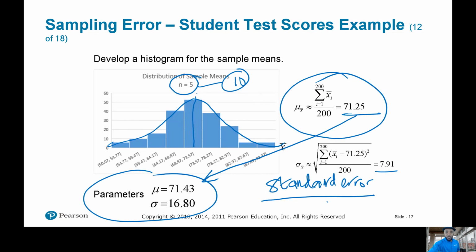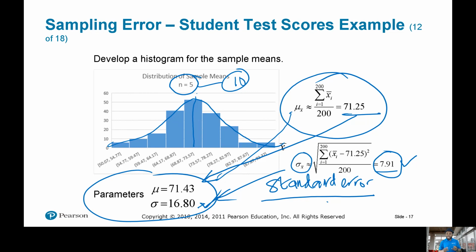As you can see, this is the population standard deviation, but this is the standard error of the sampling distribution, and this is much smaller than this. So we can say that the sample mean estimates the population mean. That's something we should take into consideration.